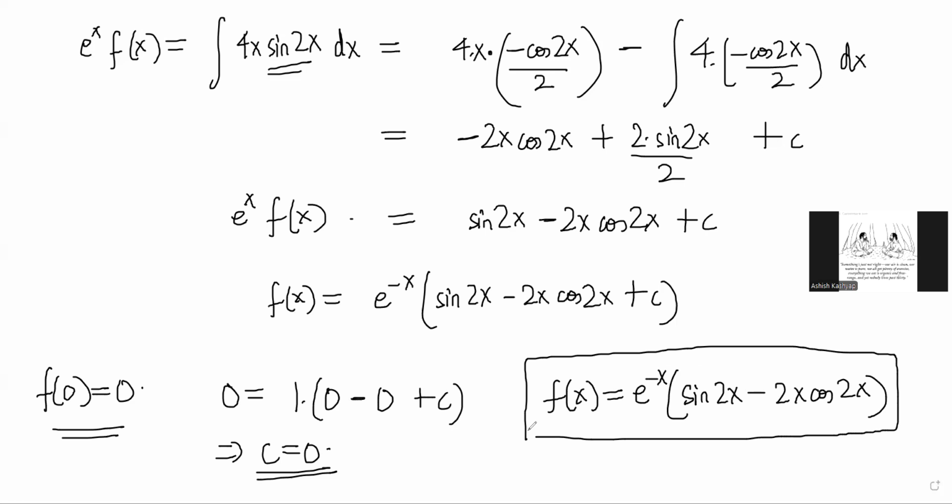So this is my f(x). Let's first find out what f(kπ) is. f(kπ) would be e^(-kπ) times sin 2kπ, which is 0, minus 2 cos 2kπ... oh wait, I missed out the fact that it was sin 2x minus 2x cos 2x inside.